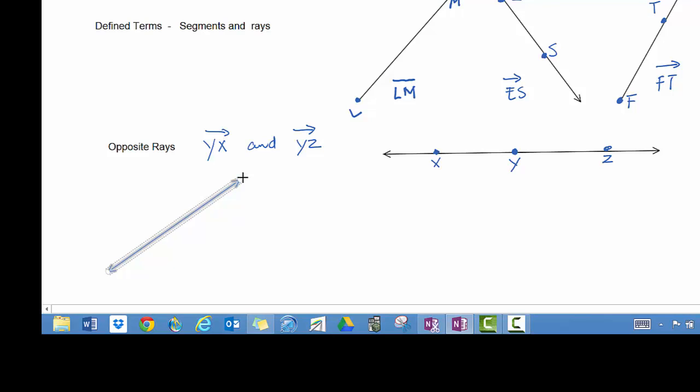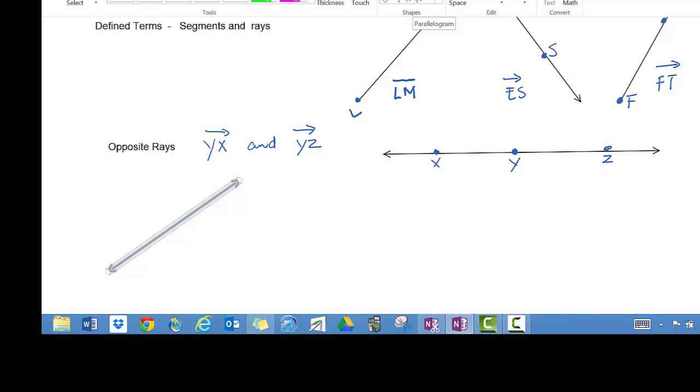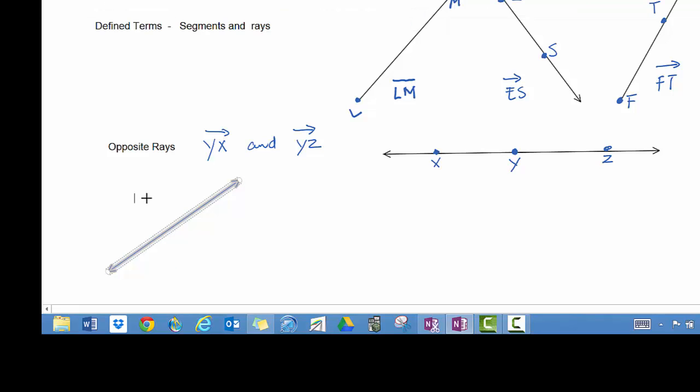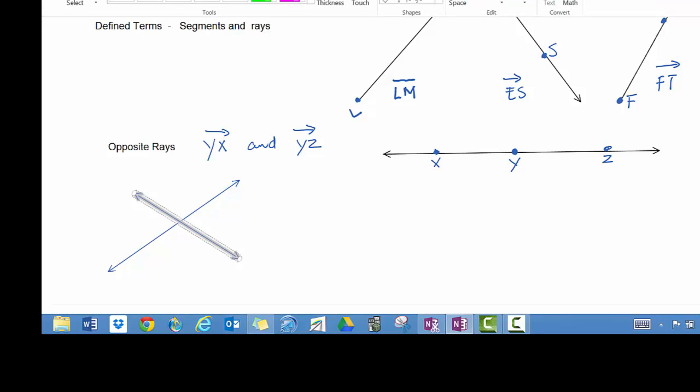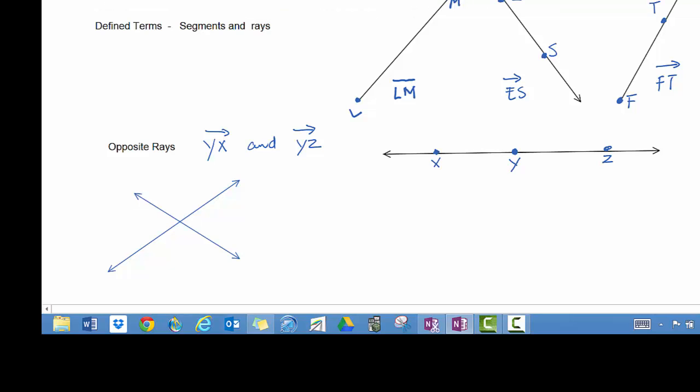So here's one line, and here is another line, and you will see that they intersect in one point only, and we will call this the point of intersection. And we could call it W. It really doesn't matter. Let's try again. So this is the point of intersection.